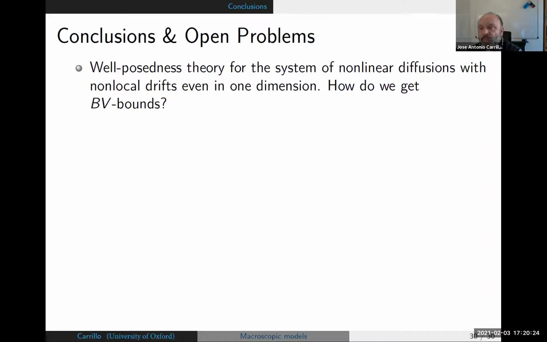How do you get control on the L-infinity bounds on the solutions? That's one of the main open questions here.